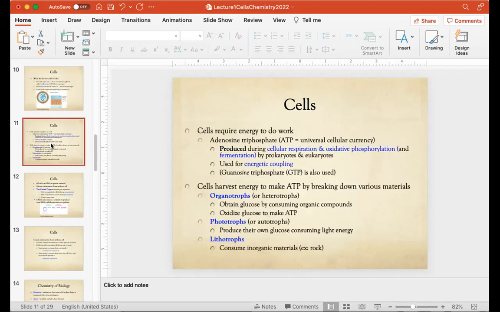Now, what I want to talk about next is a little bit about cells and energy. We're going to spend a whole day talking about energy later in the semester, but for today, I just want to talk about cells and their need for energy. Remember, we define energy as the ability to do work.